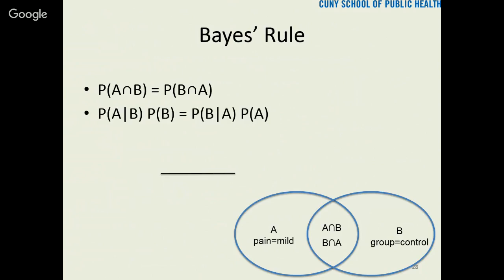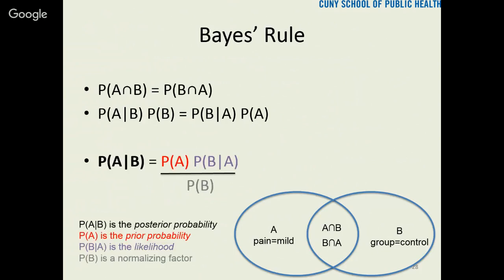Then we use that equation we had on the previous page just to expand this out, written in these two ways, as conditional probabilities, and then just divide through by this probability of B, and we have here Bayes' rule.